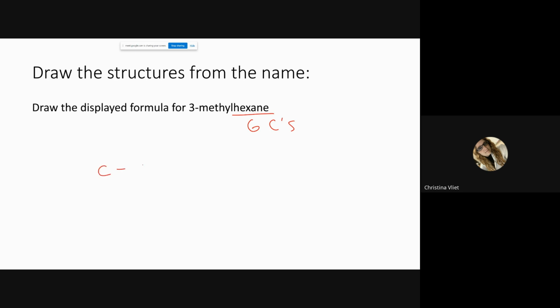So 6 carbons. 1, 2, 3, 4, 5, 6. Now what? We got to take care of the 3-methyl. What does that mean? Methyl is one carbon. So on carbon 3, we've got 1 carbon.